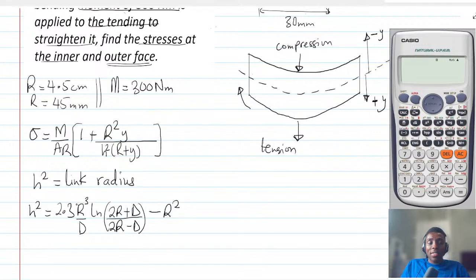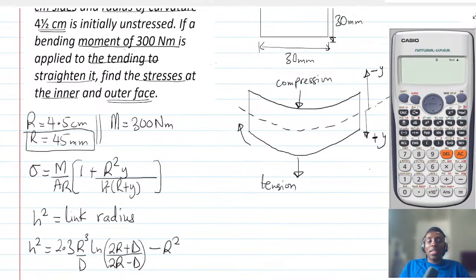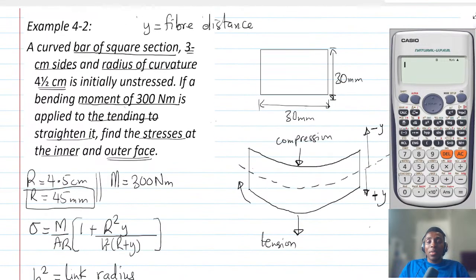So the r is the radius of curvature. For this question, the radius of curvature was 45 millimeters. And then the depth, the d. Please pay attention: when we say d, it means the depth. So what is the depth? If you look at this beam, the depth is that side which is here.